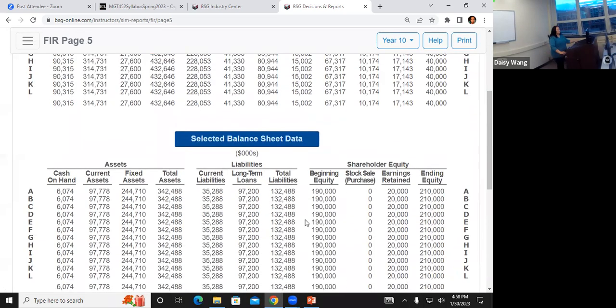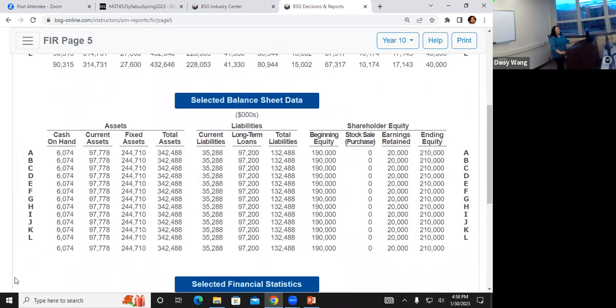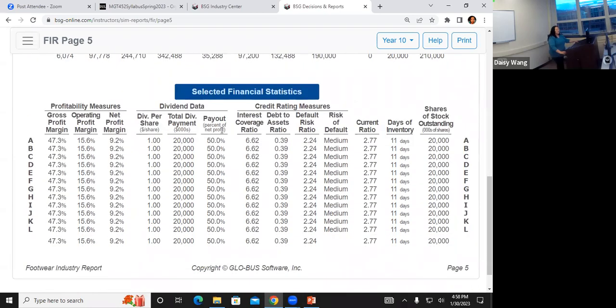This you will see. And then you will see the balance sheet, like how much cash they have, the assets, and the liability, the stock, retained earnings, this kind of stuff. And then you will see the numbers in percentage: the gross profit margin, operating profit margin, net profit margin, the days of inventory, all this, you see this.